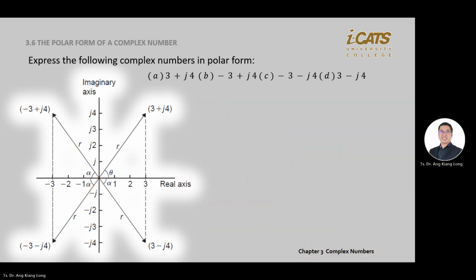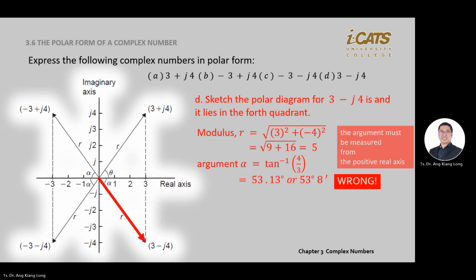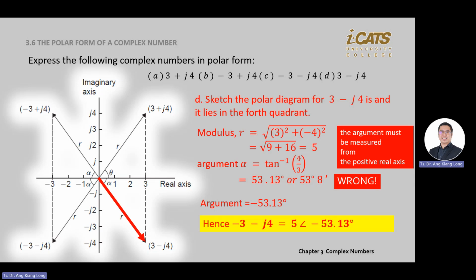What happens to quadrant 4? Quadrant 4 is also the same, but you need to give it in the correct way. For example, in quadrant 4, the expected answer will be negative 53 or 270 plus something here.